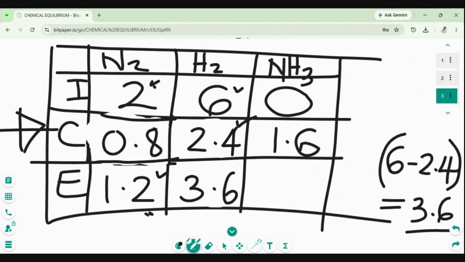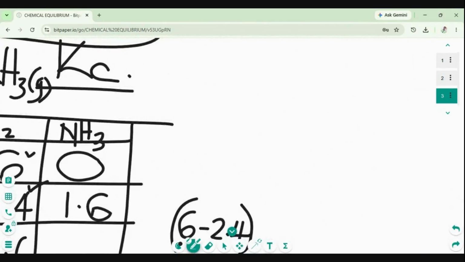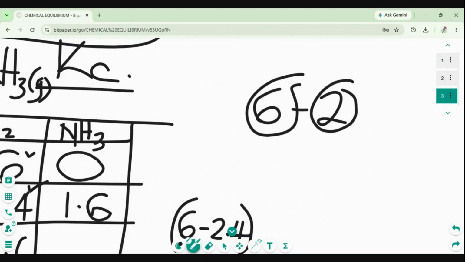Now, it is important to note that for reactants, we are subtracting because they are reacting, they are being used, meaning they are disappearing. In mathematics, how do we represent a disappearance of something? You represent it using a minus. Whenever you see 6 minus 2, it means from the 6 you remove 2. So here in chemistry, the removal is the reaction.